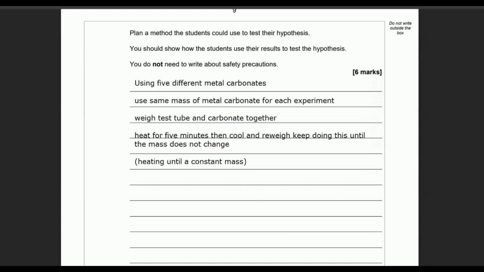So you take your metal carbonate, and I'll give you an example. You've got a metal carbonate like that. Oh my days, that's some bad writing. When you heat it, it's called thermal decomposition, and you need to make a note of that if you don't know what it is, because it breaks down into a metal oxide and carbon dioxide.